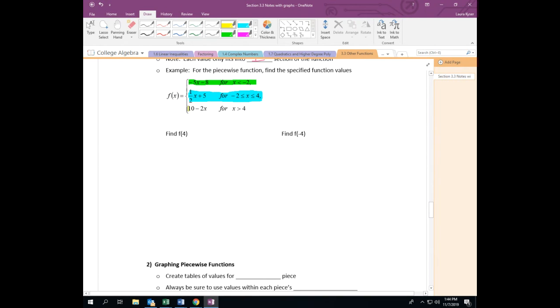And then we have the function 10 minus 2x for values that are greater than 4. So each one of these values will fit into one of these particular intervals, and whichever one it works for, you go into that function. You are not going to be substituting anything into this inequality. You sub into these ones. This is just the guide.